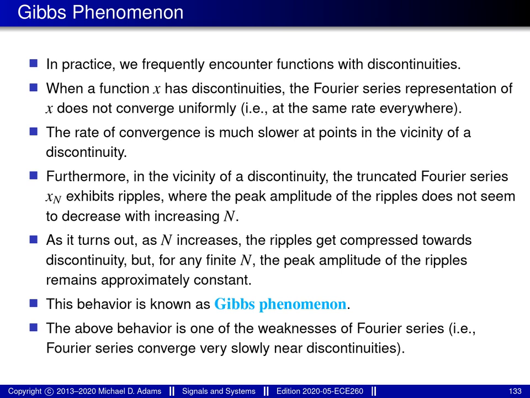Furthermore, as n increases, in other words, as fewer terms in the Fourier series are discarded, the ripples are compressed towards the discontinuity, but the peak amplitude of the ripples remains approximately constant for any finite n. And this particular behavior is known as Gibbs phenomenon. This is one of the weaknesses of Fourier series, namely in the vicinity of discontinuities, they converge very slowly and exhibit a high degree of oscillatory behavior.